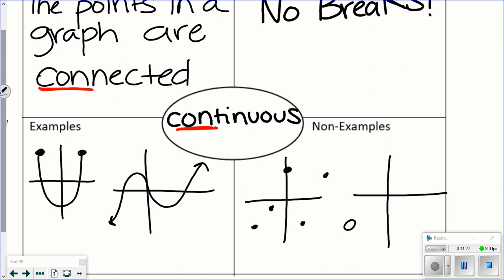Same thing if I have this, it's called a piecewise function. There are breaks in the graph, but this is not connected, it's not continuous, so it doesn't work.